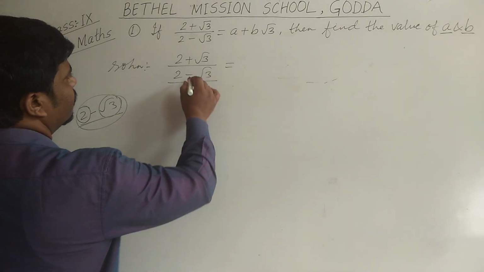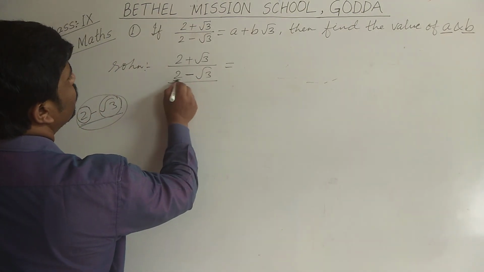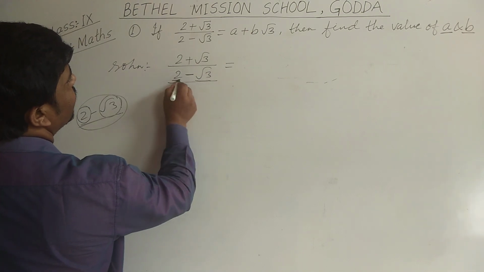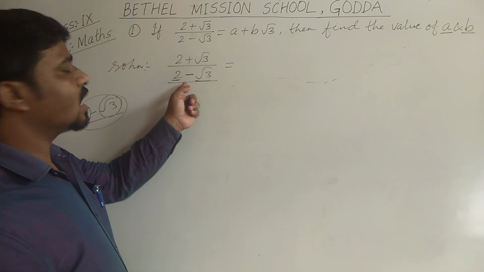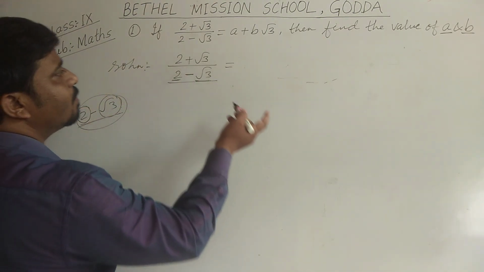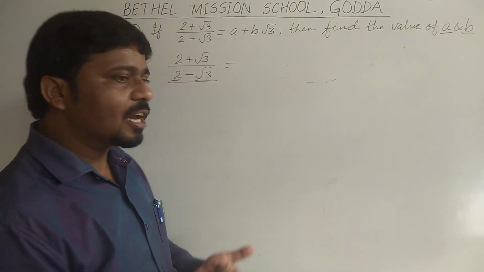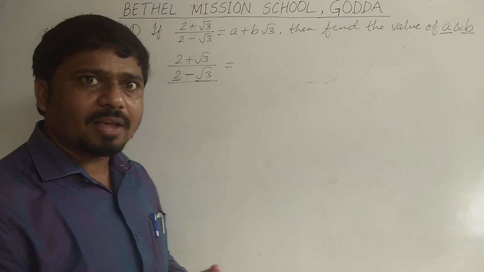If there is a minus sign and two terms are there, one term here and one term here, connected with plus or minus, we will multiply with their opposite sign. If there is minus, we will multiply with plus.